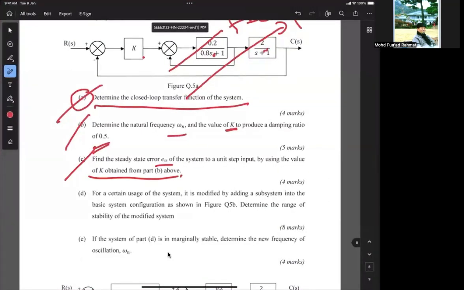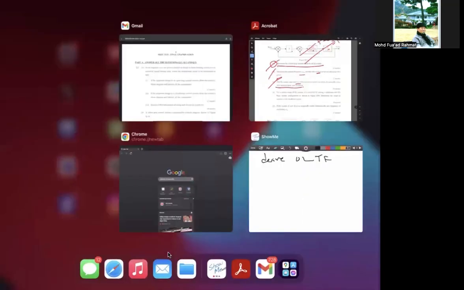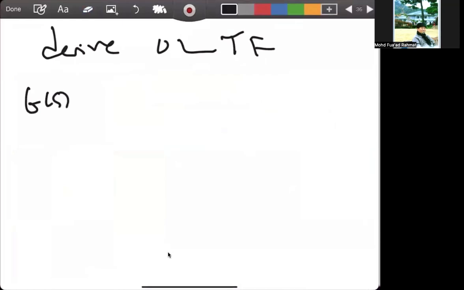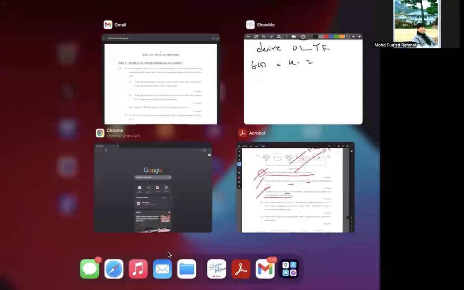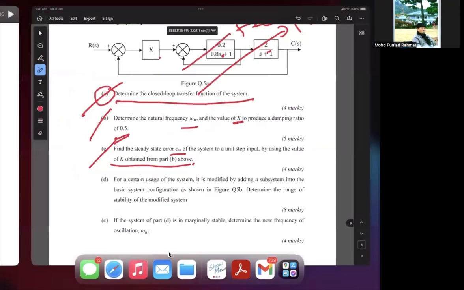Derive open loop transfer function, which is K multiplied by 2 over s plus 1.